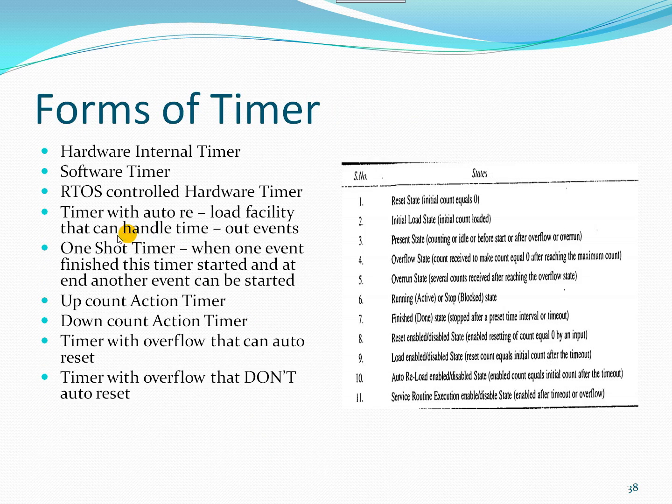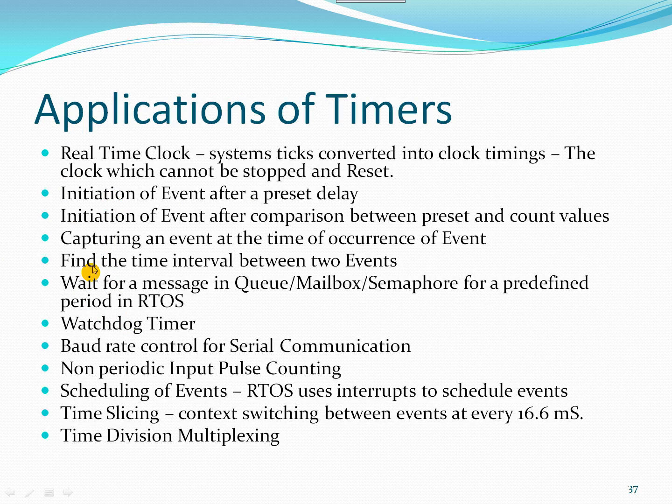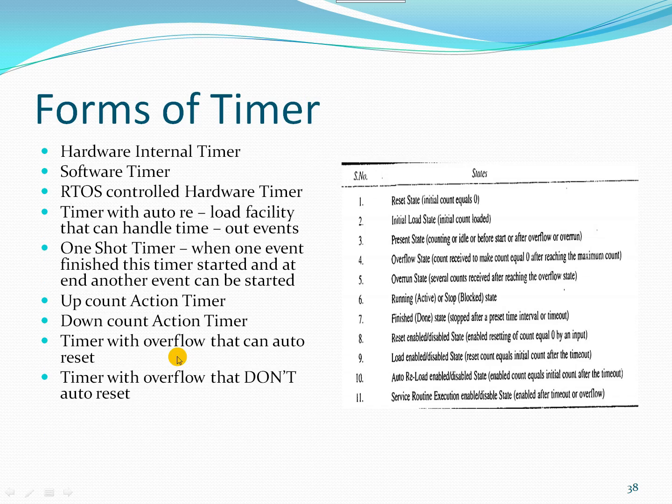The popular forms of timers are going to be hardware internal timers. These are the hardware timers which are internal to any of the microprocessors and microcontrollers. After that we will have software timers and RTOS controlled hardware timers, because these RTOS controlled hardware timers are very much needed for the applications which we have seen here.